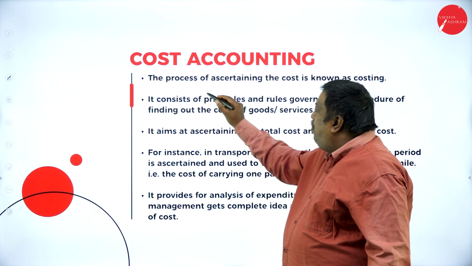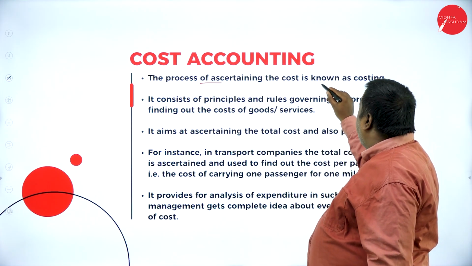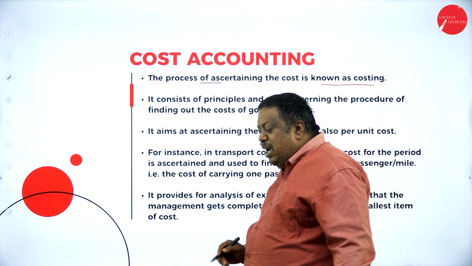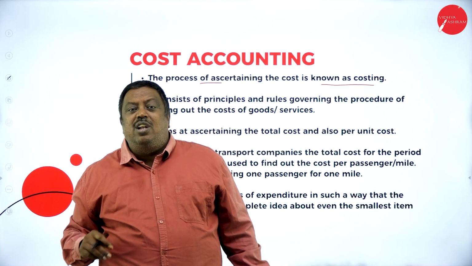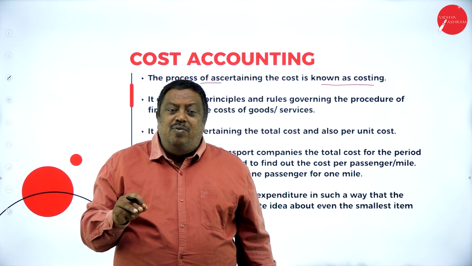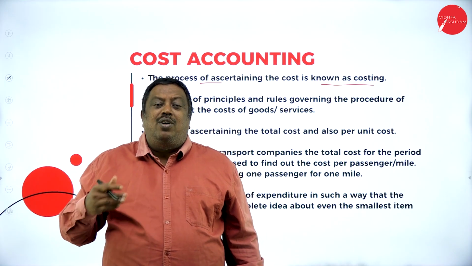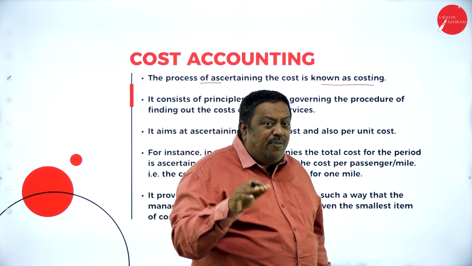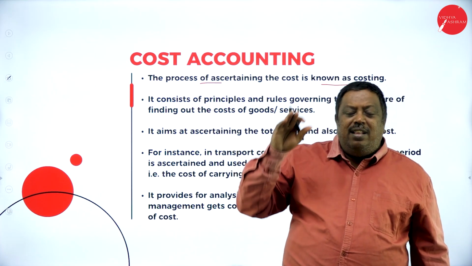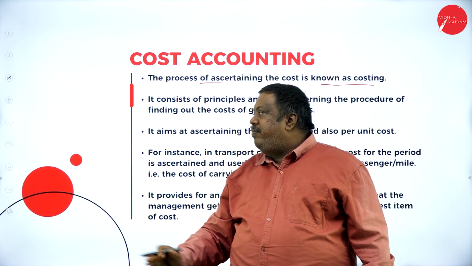Next, the process of ascertaining the cost is known as costing. To identify the actual amount of cost incurred for the conversion of raw material into finished goods, the process we are going to use to identify the cost per unit is nothing but costing.